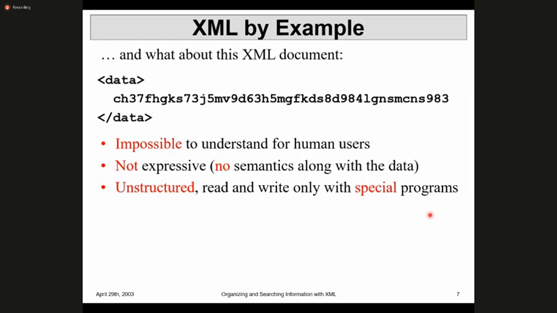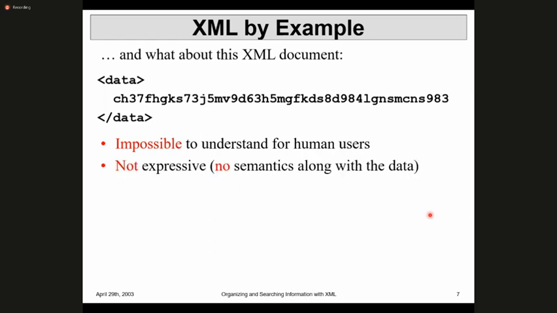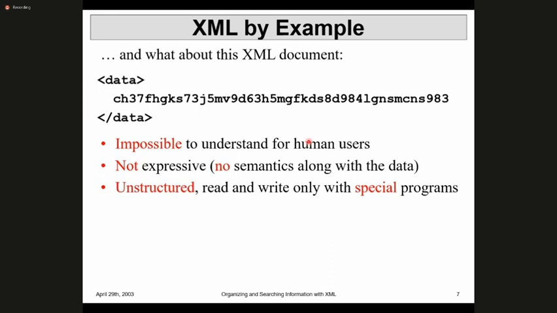So what is the outcome that we can get from these examples? We went through three examples. The first one is easily understandable for both humans and computers, well structured, and very expressive. The second one is not expressive. And here we have the third one, which is impossible for humans to understand. We can't understand anything, and it is not expressive at all. Unstructured, read and write only with special programs, right?